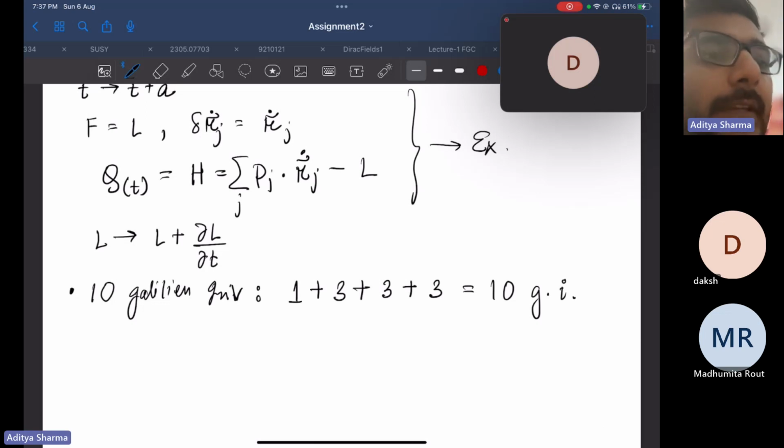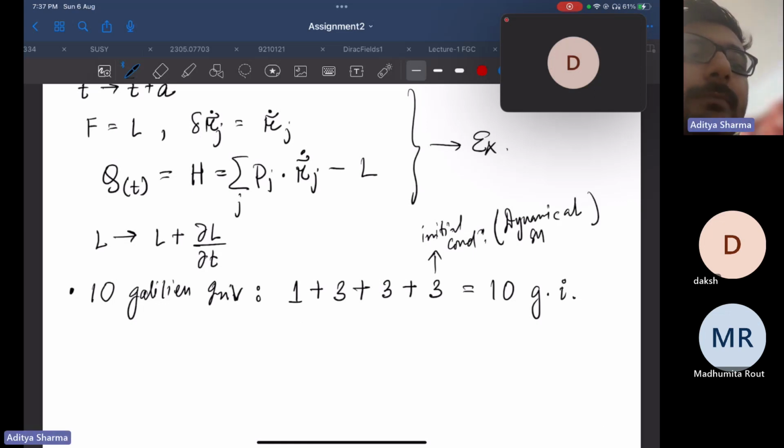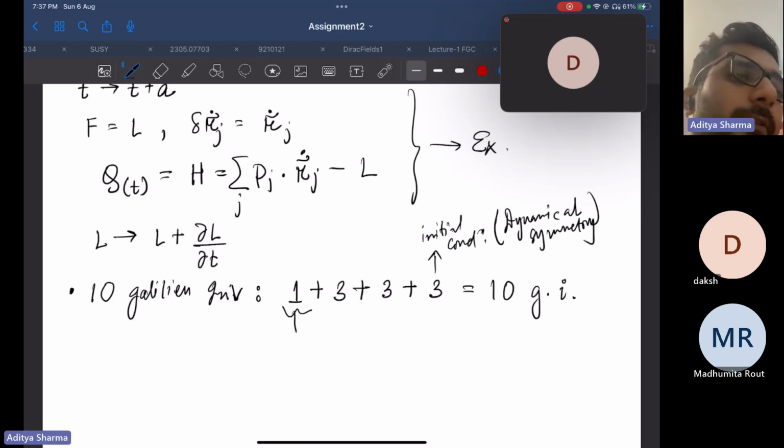And one of these three, which is the initial condition, is an example of dynamical symmetry. This is also an example, the Hamiltonian, of dynamical symmetry.